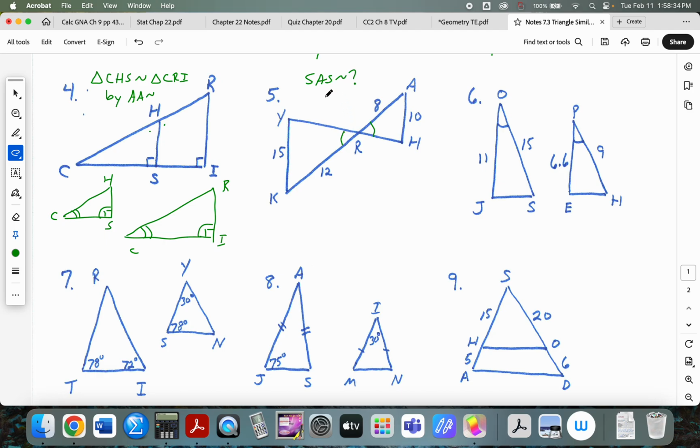Do I have the sides on both sides of this angle? Do I have this side and this side? No. I don't have the right sides. I've got sides that aren't around the angle. So this is none. To be side angle side, the sides have to be the sides that make the angle, if you want to think about it that way.